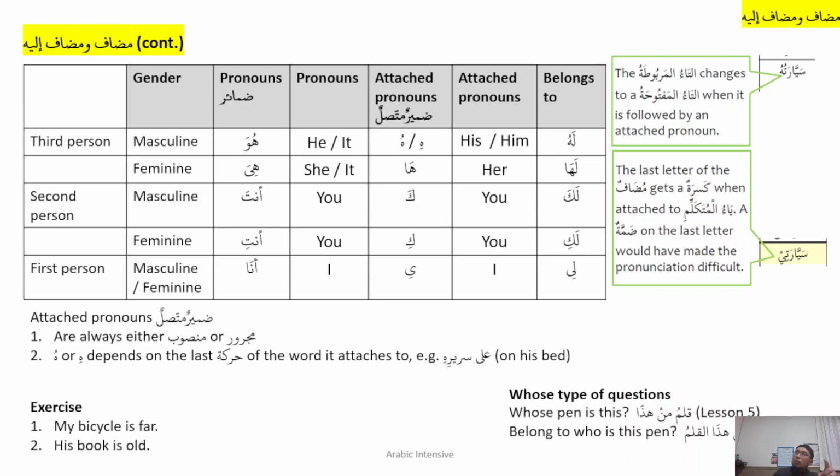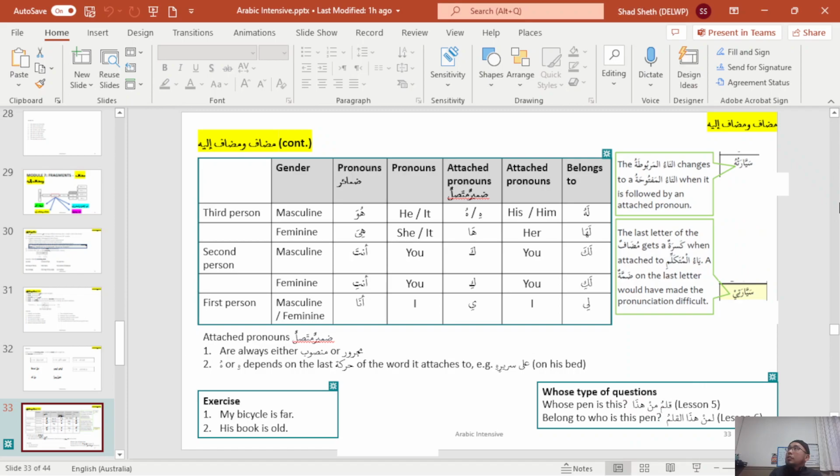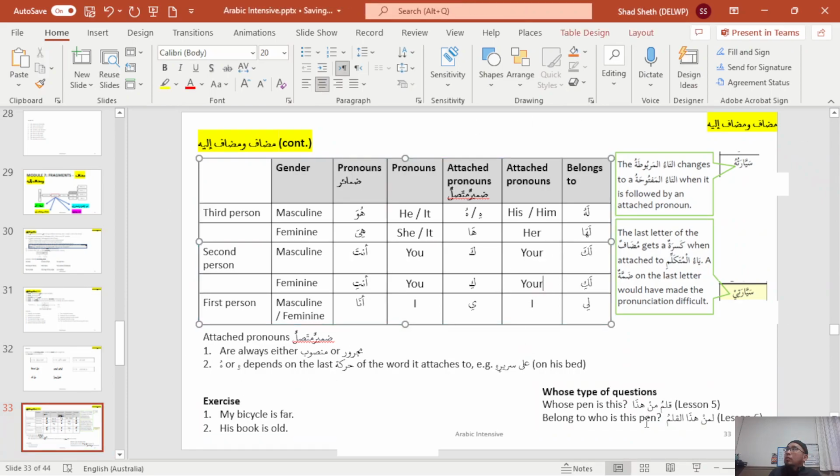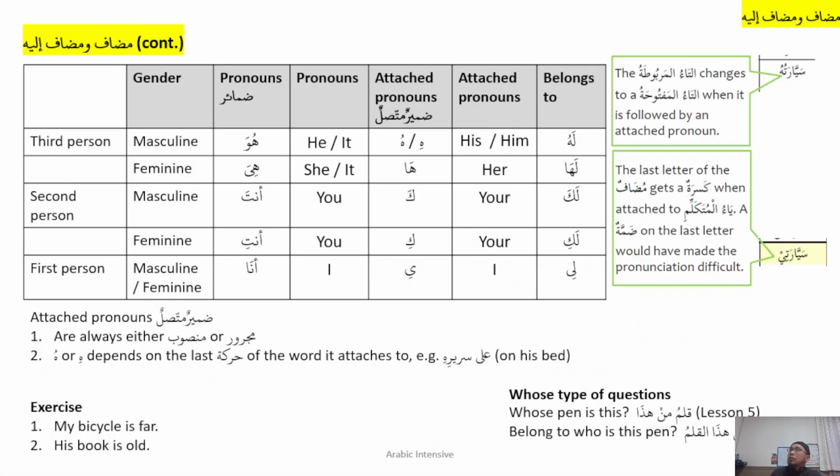So now you want to say "your" as a feminine. Which one would you choose? Actually, this one. Female. Something wrong in my English as well. It should not be "you", "you" and "your" are different. It should be "your". So which one would you choose?